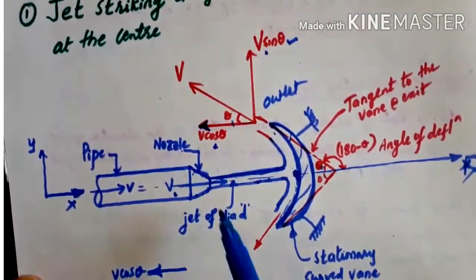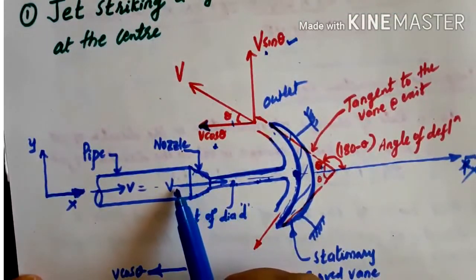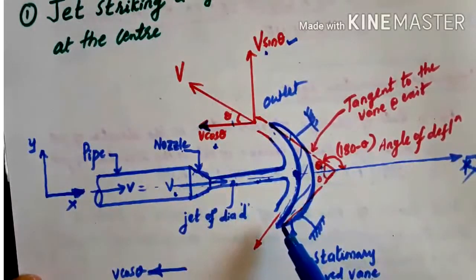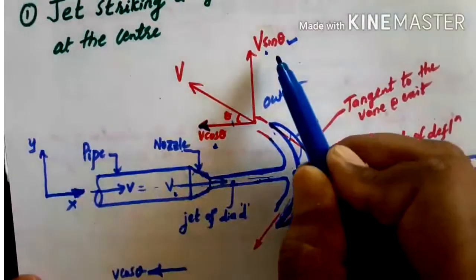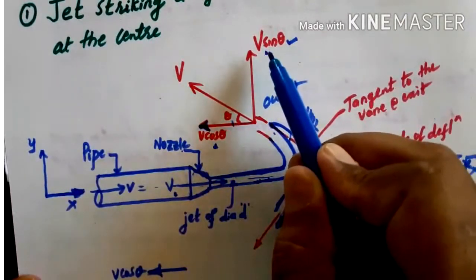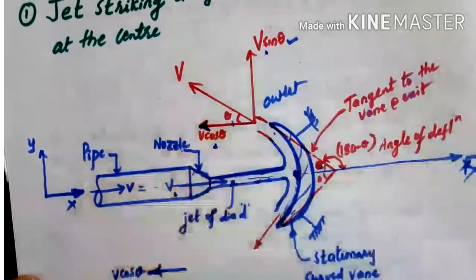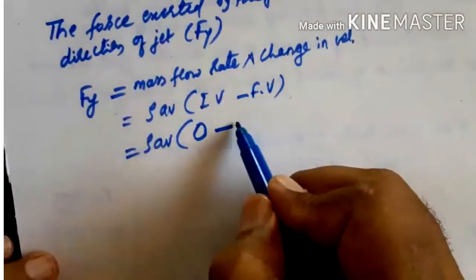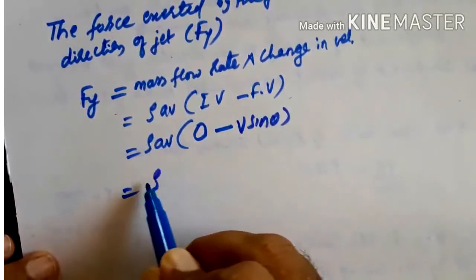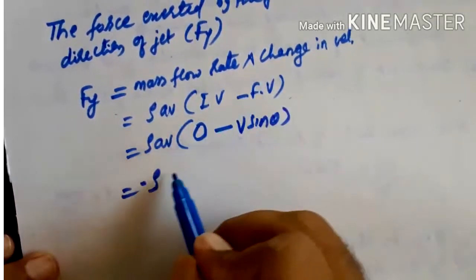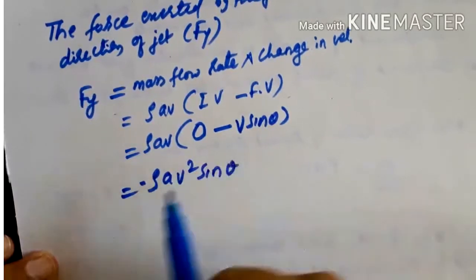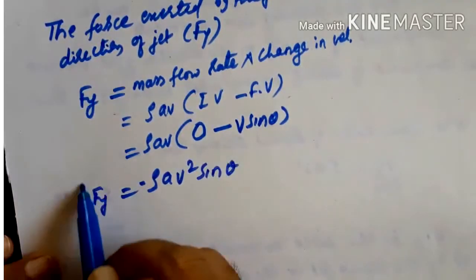I hope you are understanding this one. Here there is no velocity acting in the y direction initially, but there is a final velocity in the y direction at the exit. So this is 0 minus V sin theta. So we get minus rho A V square sin theta. This is Fy.